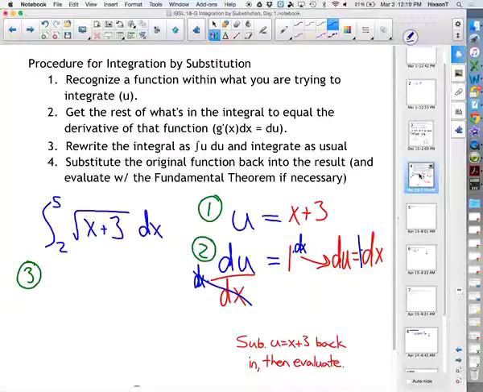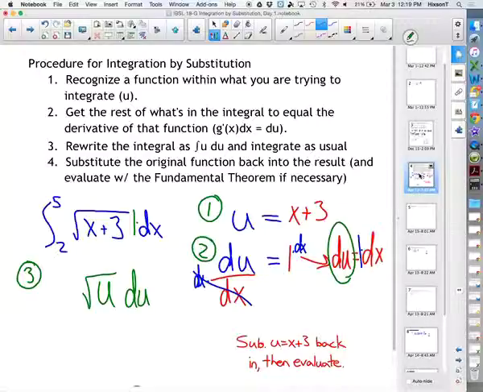So when we're doing the substitution here, I can substitute u in for the x plus 3. It's the integral of the square root of u. And then notice I already have a 1 dx here. So I can replace 1 dx with du. Okay?